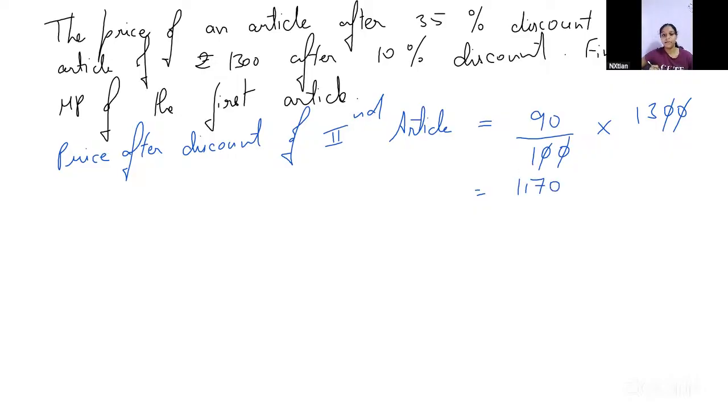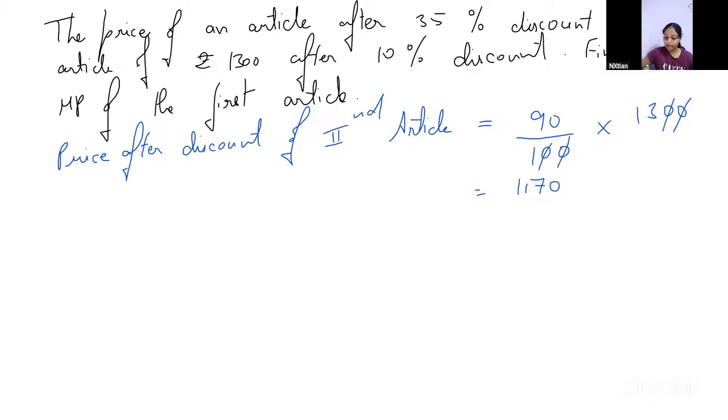Now we'll find out the price of the first article after 35% discount, which is 65% of the market price, because I'm doing 100 minus 35. 35 is discount, so the rest part in percent I will take, which is 65%.